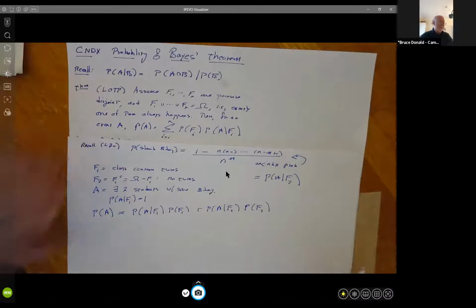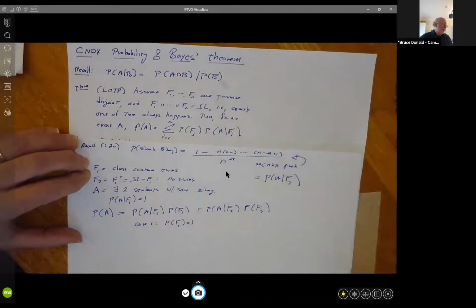Let's look at 3 different cases, which are really all kind of the same case. So case 1, suppose we know that they're twins in the class. So this is a nice case here. Then this reduces to 1 times 1 plus 0 times some probability of unconditional twins, which is 1.